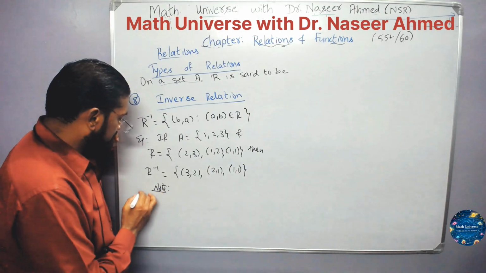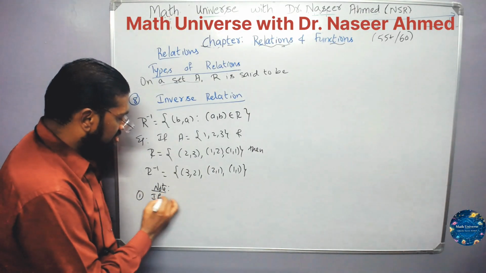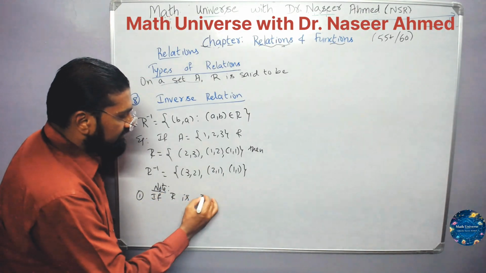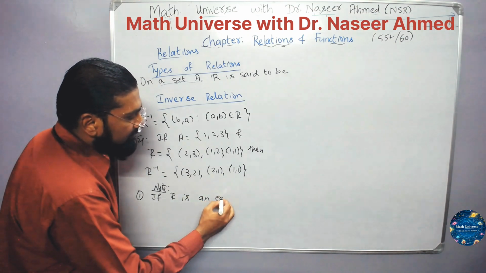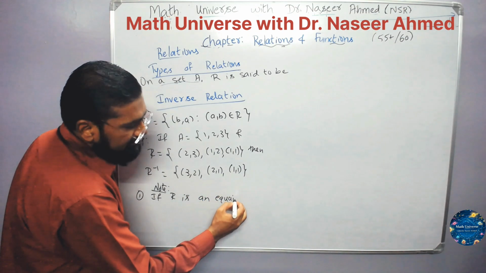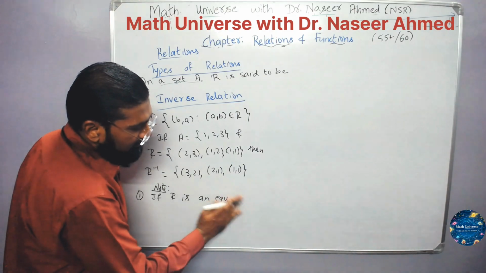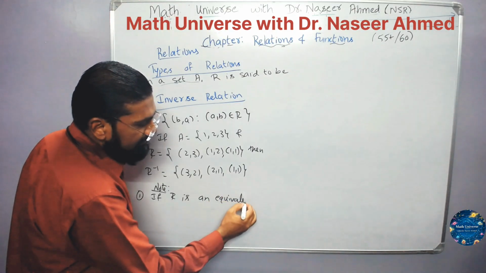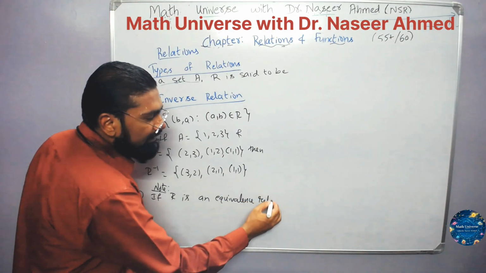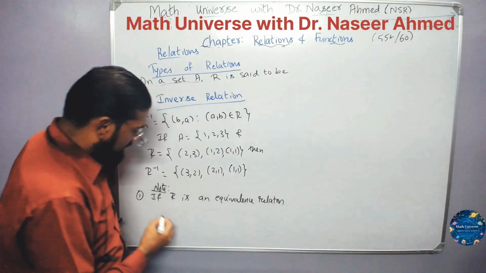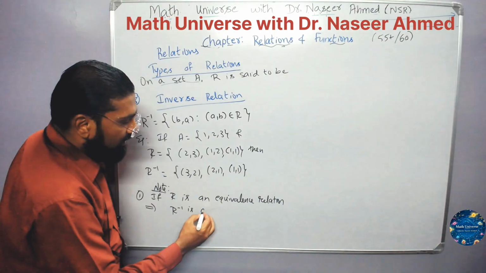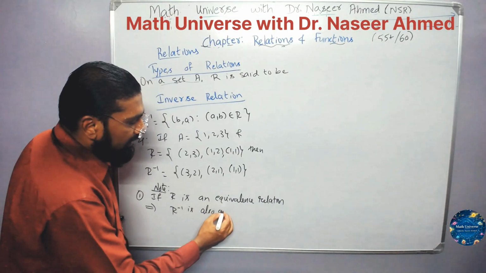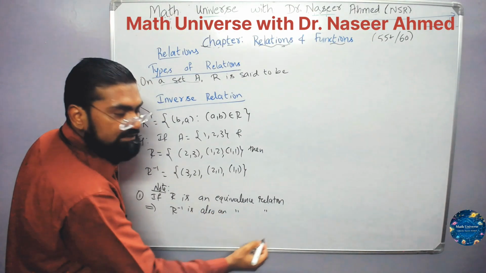Okay, and from here some notes I want to highlight. First point, if R is an equivalence relation, then this implies that the inverse is also an equivalence relation.